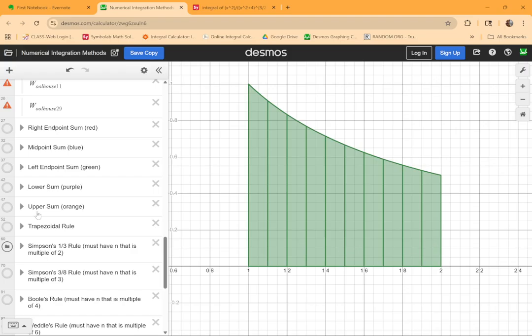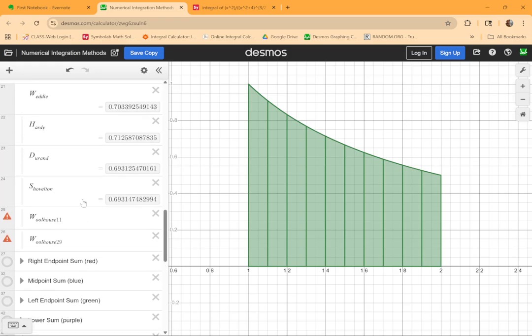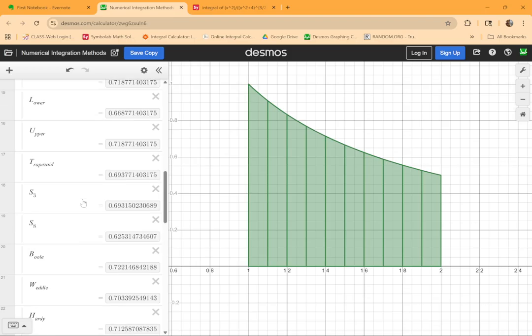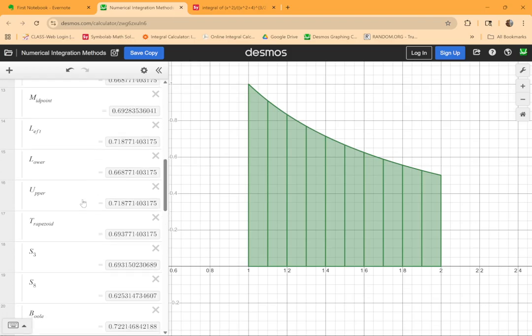And then just to get an approximation for Simpson's rule, here we get 0.69315.